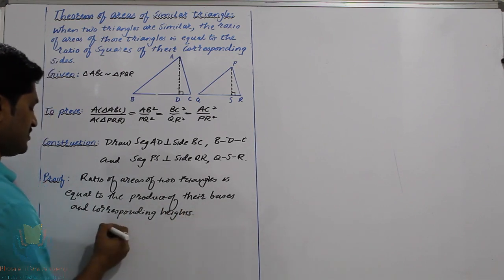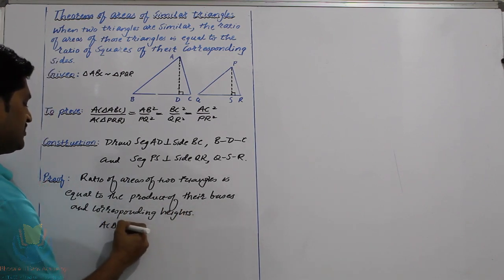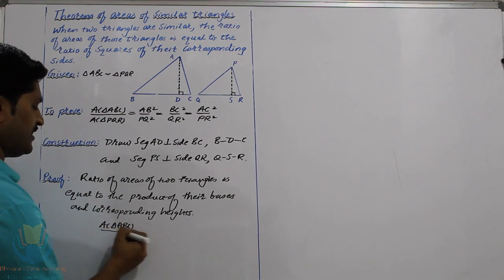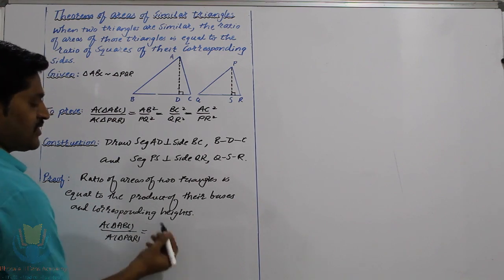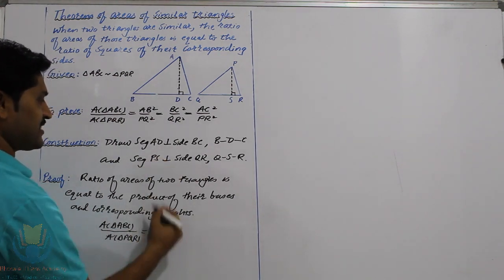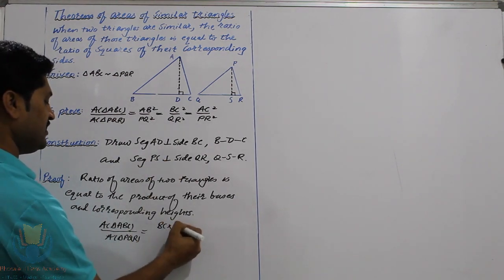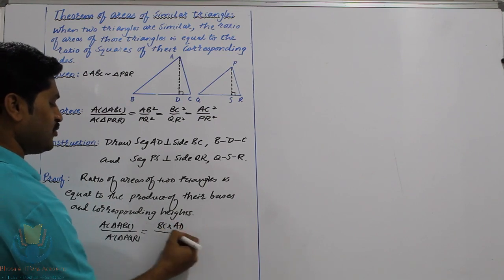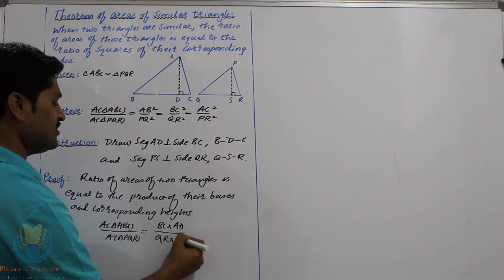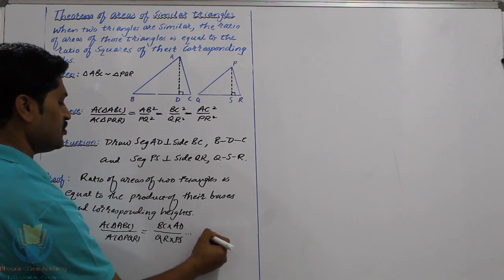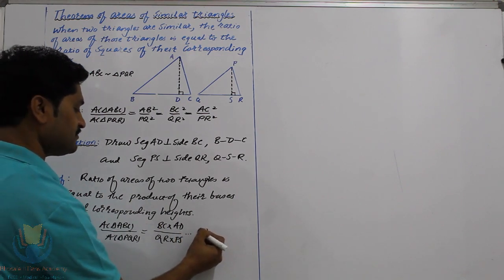That means area of triangle ABC upon area of triangle PQR is equal to base into height of the first triangle, that is BC into AD, upon base into height of the second triangle, that is QR into PS. Let this be equation number 1.